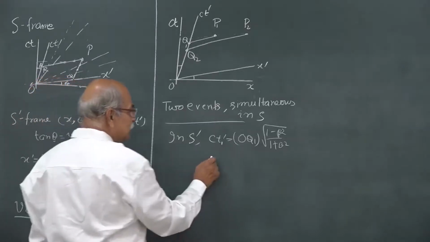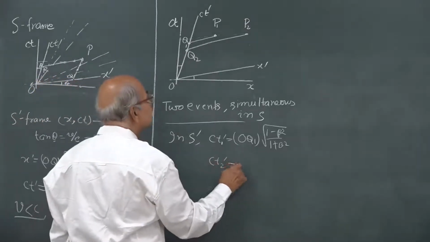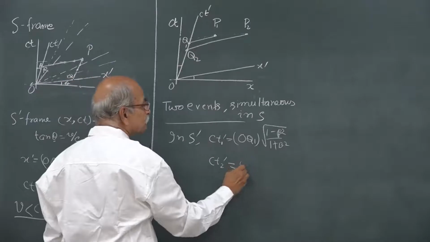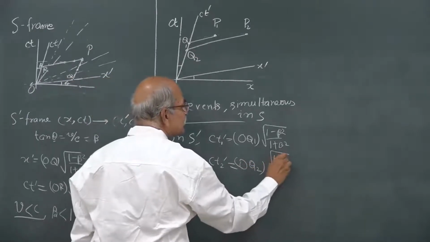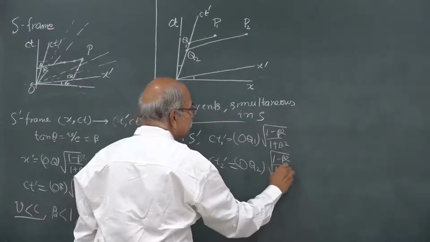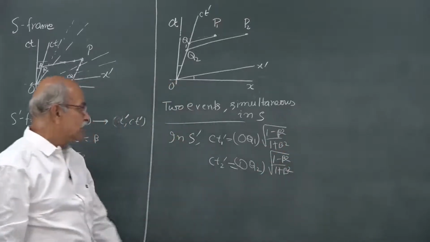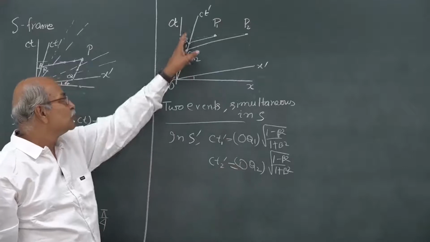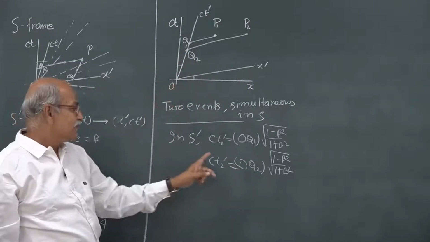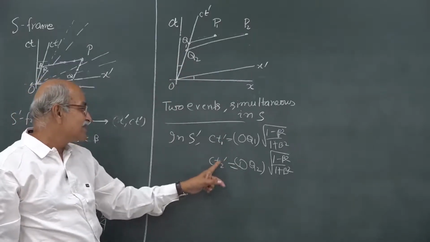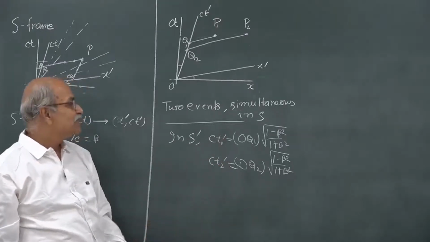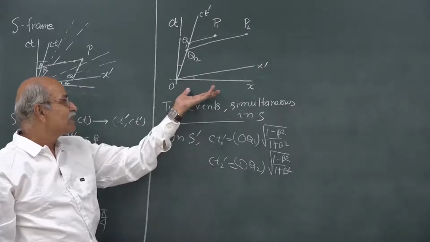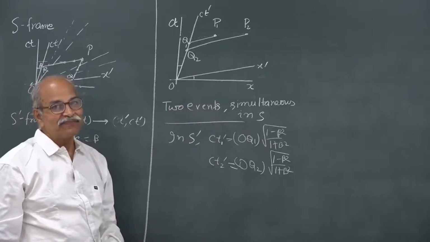So, Ct2 prime will be this OQ2 multiplied by square root of (1 minus beta square) by (1 plus beta square). So, since OQ1 is different from OQ2, these events are not simultaneous in S prime, t1 prime is not equal to t2 prime. Events which are simultaneous in one frame are not simultaneous in another frame.